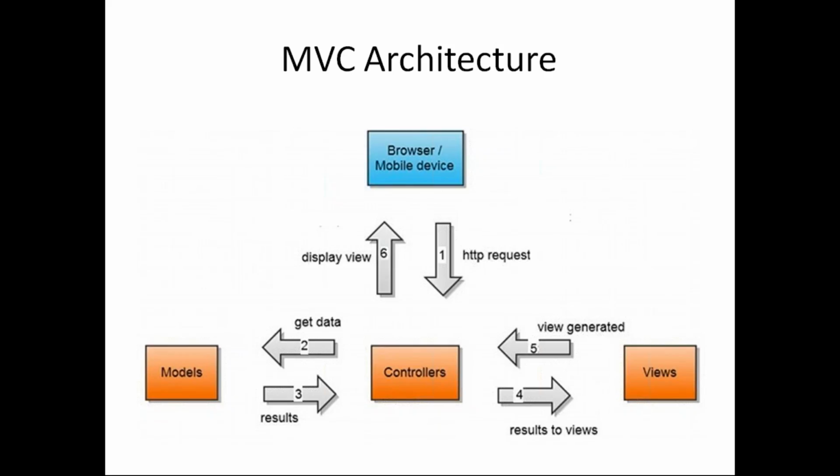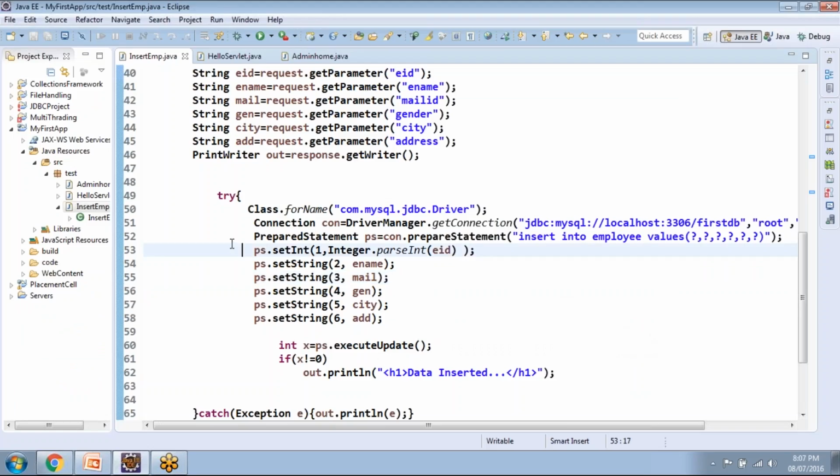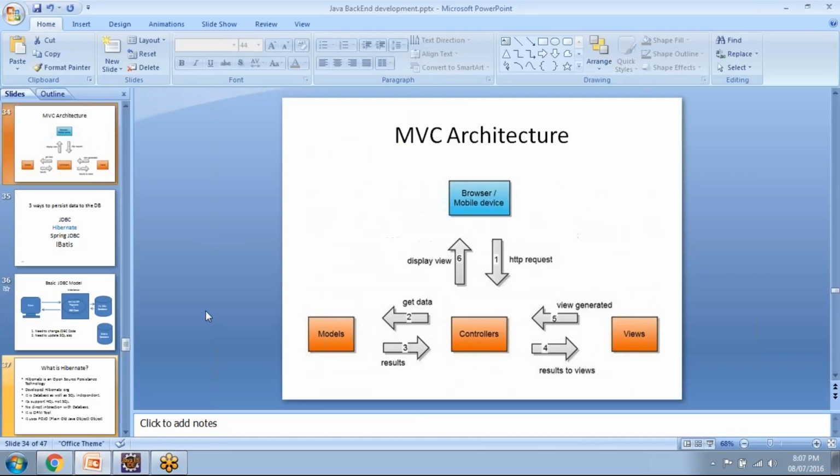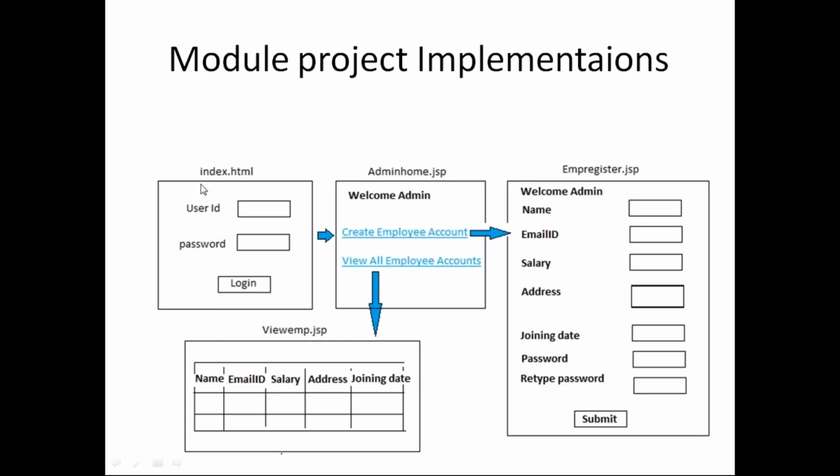Okay. So we are going to develop a small project using JSP, Servlet, and JDBC using MVC architecture. I am explaining one small project in which we will design these pages. The first page is the login page, which is an HTML page, index.html, where we provide the user ID and password.